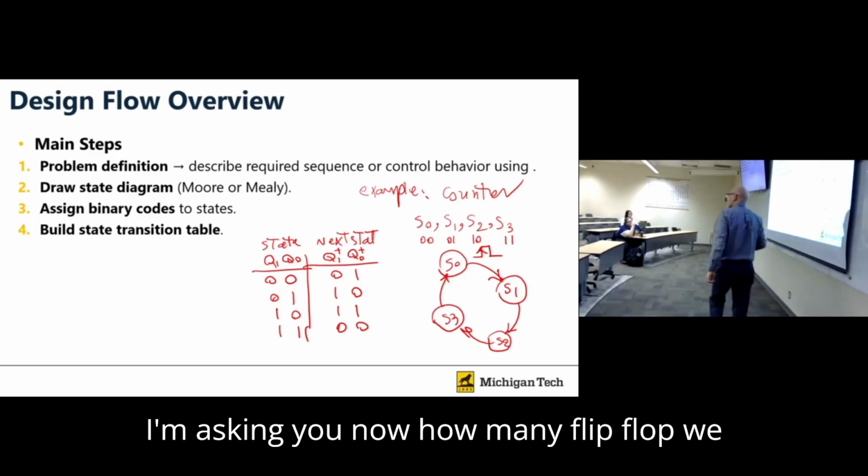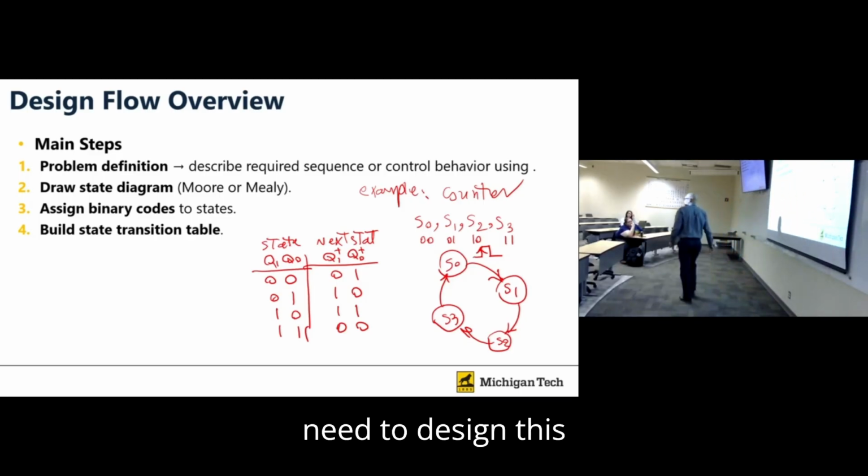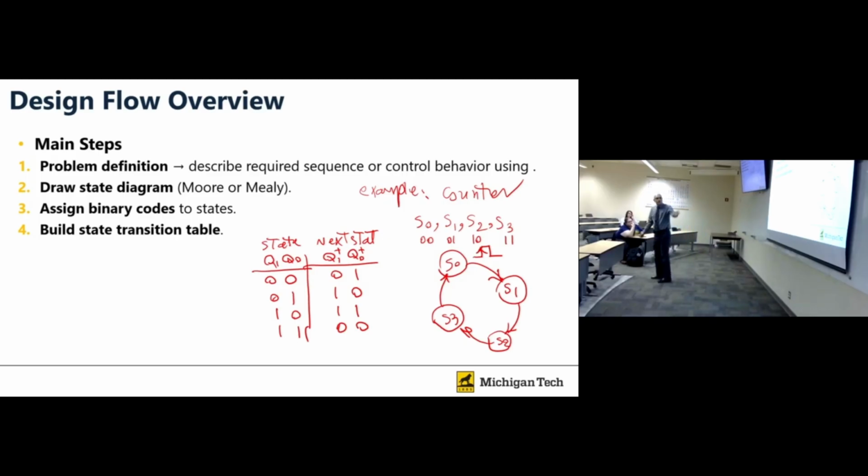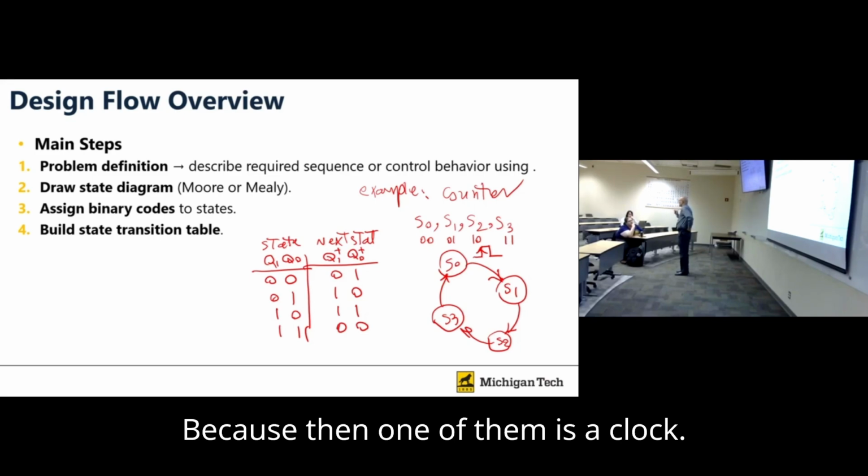I ask you now, how many flip-flops do we need to design this circuit? How many? Can we use 1?